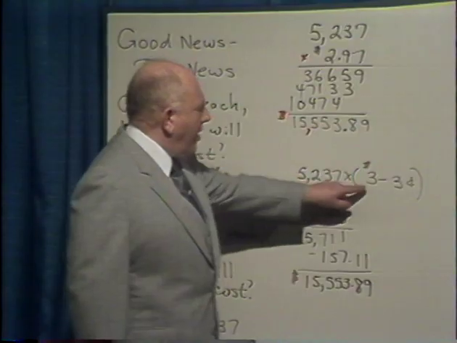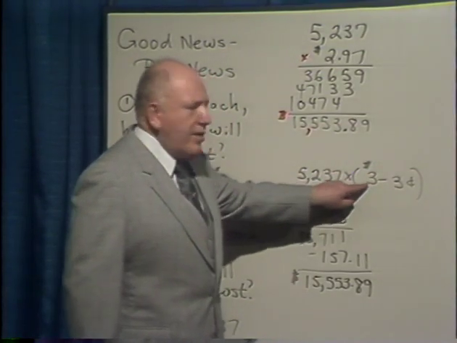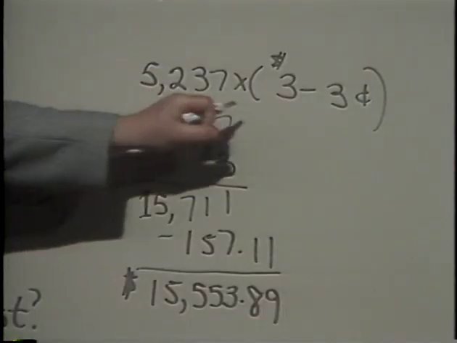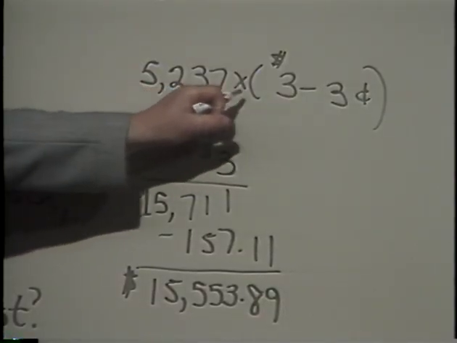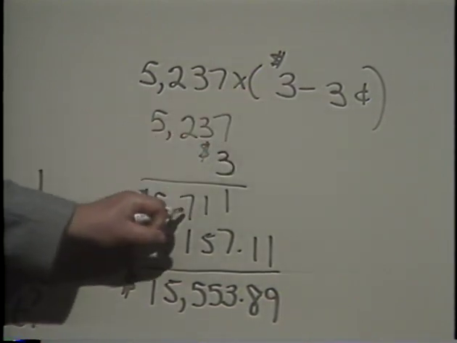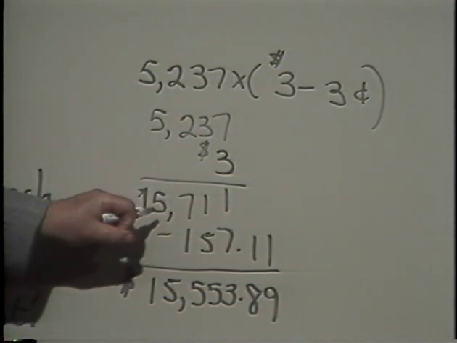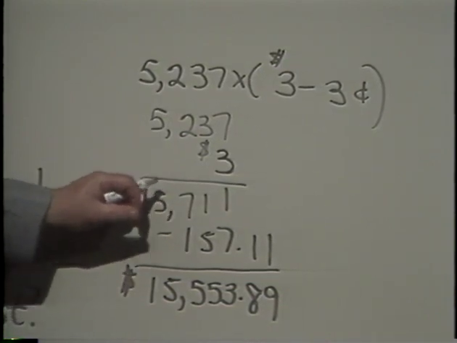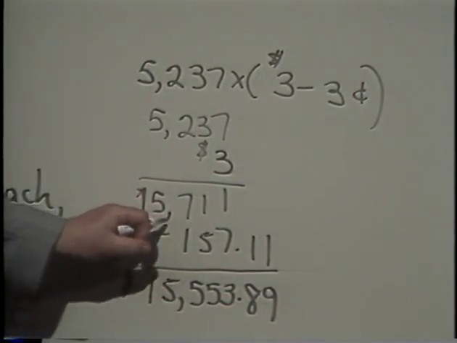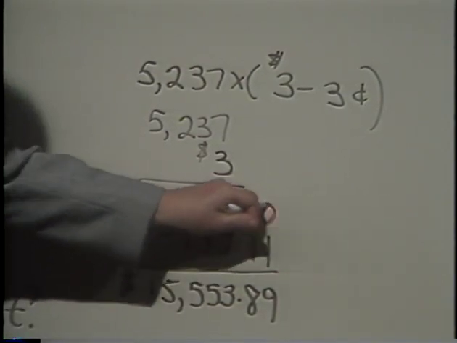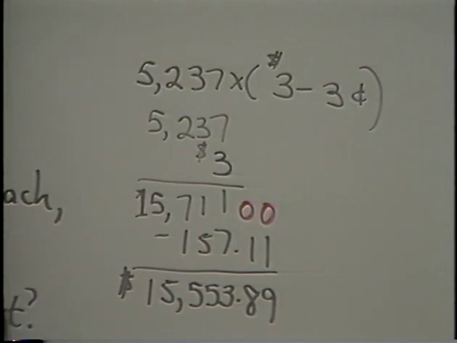By the way, even when we do the problem the long way, there's no harm in estimating the answer. See, $2.97 is 3 cents less than $3, so feel free to use the distributive property. Multiply the 5,237 by 3, which is a relatively easy problem. That would tell you what the price would have been if they cost $3 each. Then multiply 5,237 by 3 cents. That's going to be the same 3 numbers, only with a different decimal point. Do this subtraction, and you get the same answer.